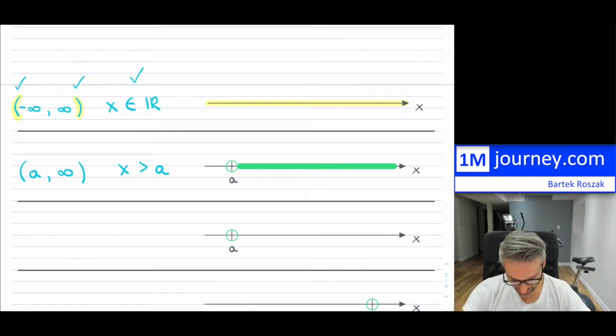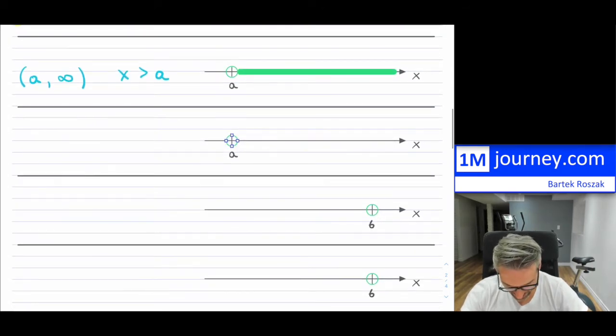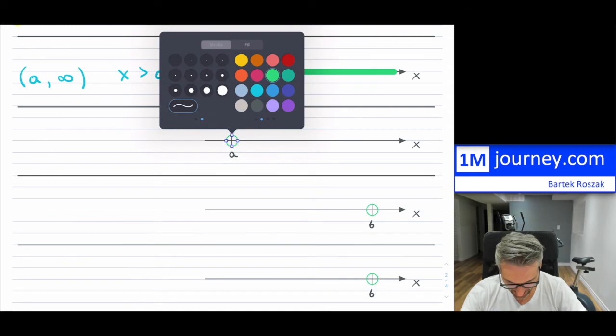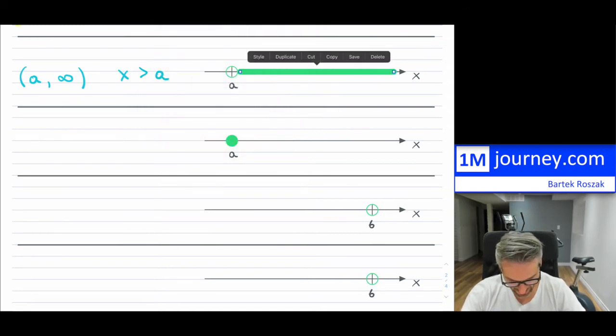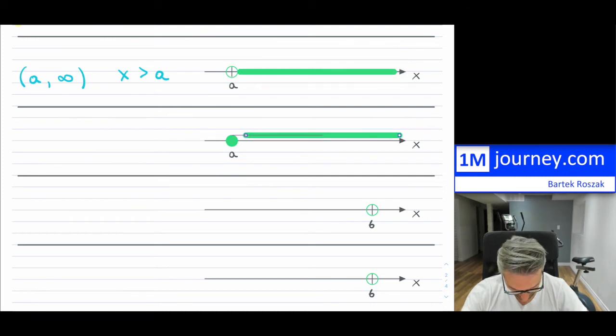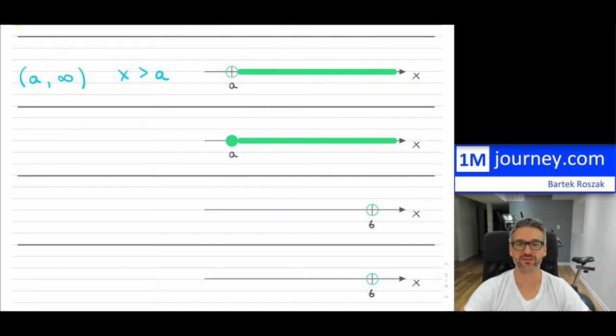Now, if you wanted to include the A, in that case, we would have to fill this particular dot, so we would make it filled, and then we would include all of the numbers in this way, so it would just keep going in that direction.